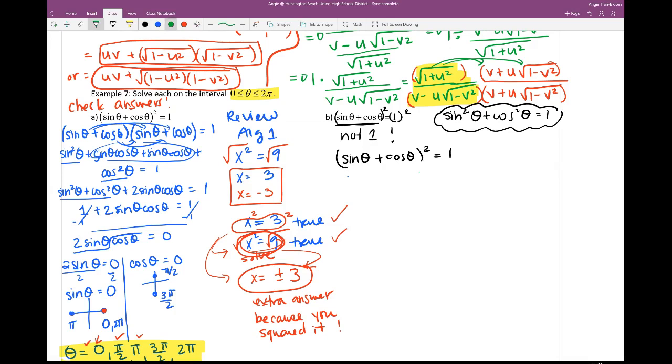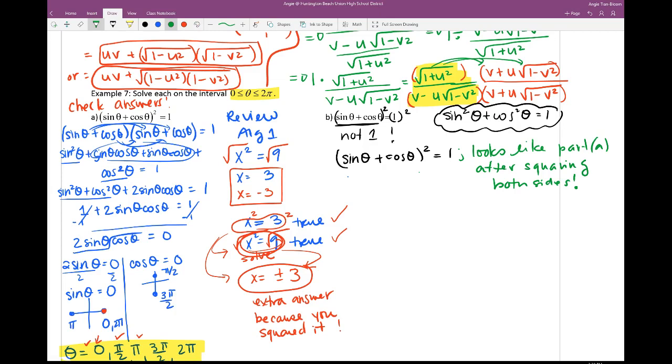Wow! Doesn't that look like part A after squaring both sides? Yes, it does.